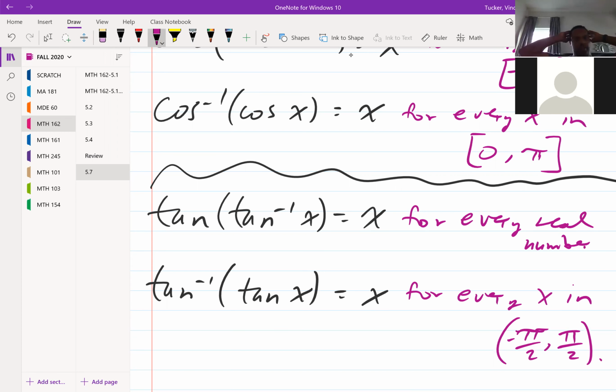All right, so tan of tan inverse of x will result in just x for every real number. So there are no stipulations of what you can use there. Then you have tan inverse of tan x is equal to x for every x between negative pi over 2 and pi over 2.